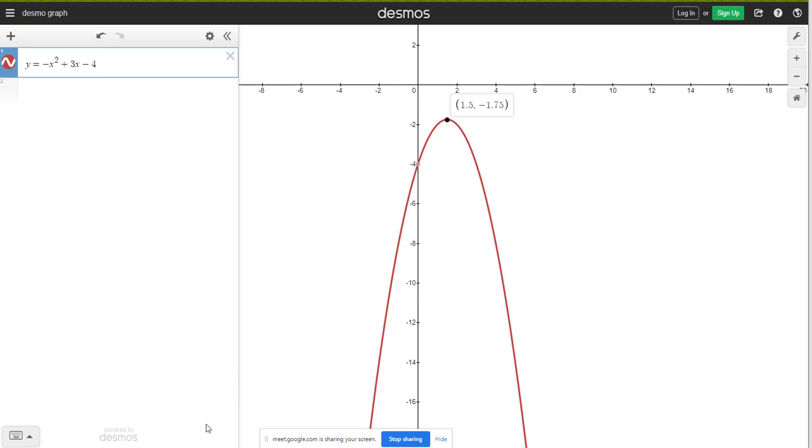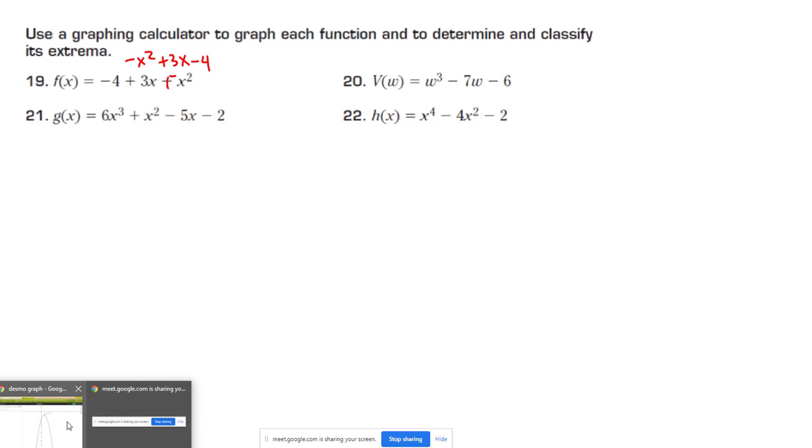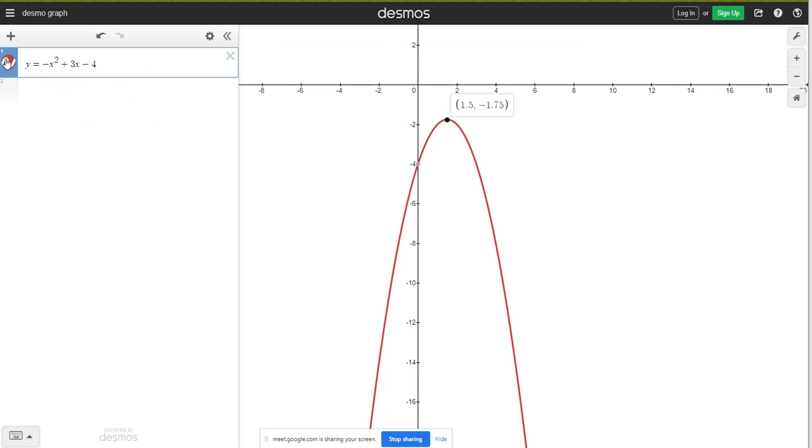Okay, let's look at one of the other ones on here then. Let me go back. So now this is going to be a third degree. It's going to have some kind of a dip in the middle, but it's basically going to be a sideways S that we can see with number 20. So we've got w to the third minus 7w minus 6. Let me turn this one off.